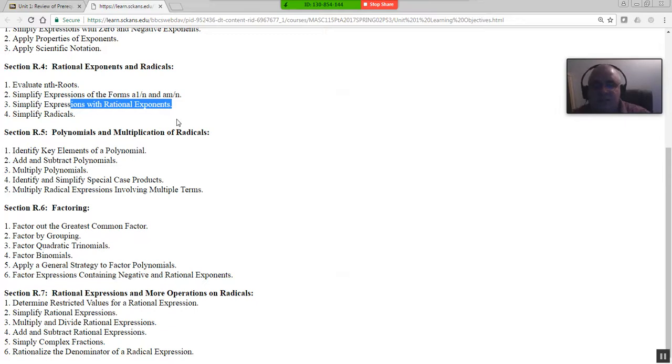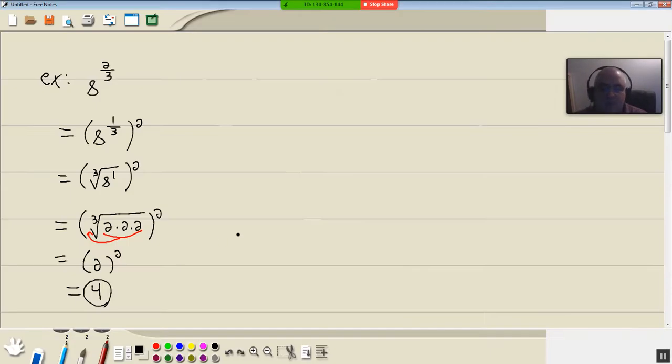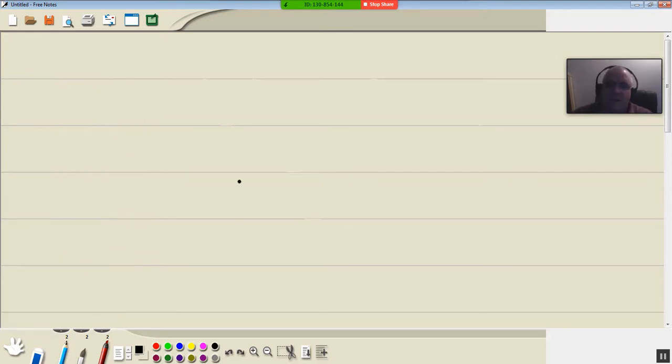Now, the next topic says simplify expressions with rational exponents. Let me clear this off. If I had 3 to the 1/2 power raised to the 2nd power, this is an example.